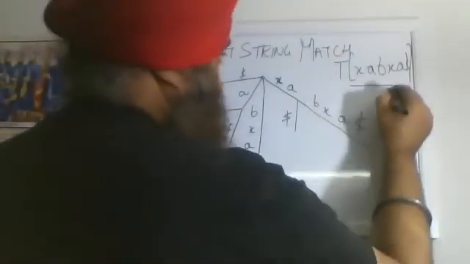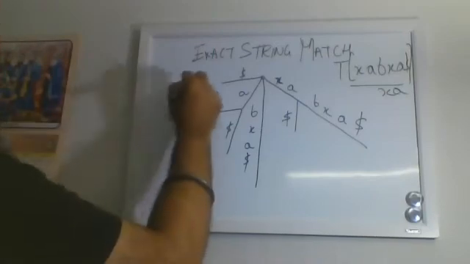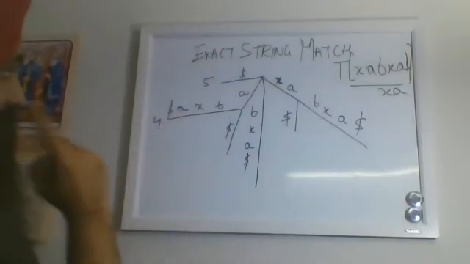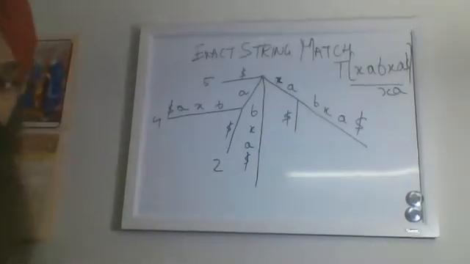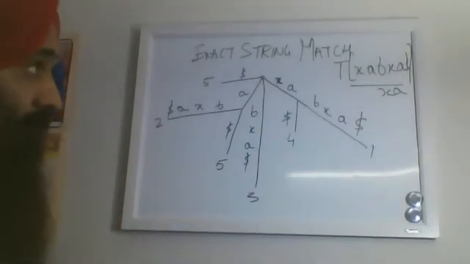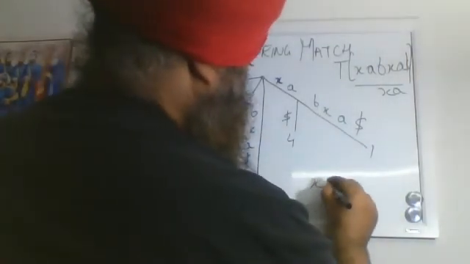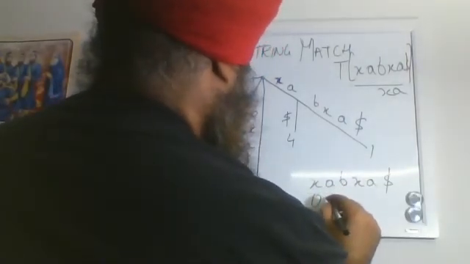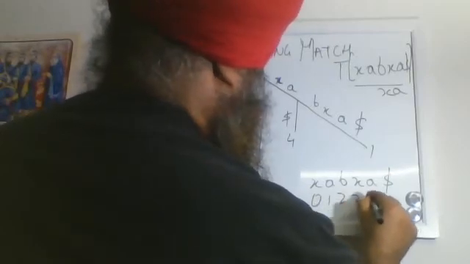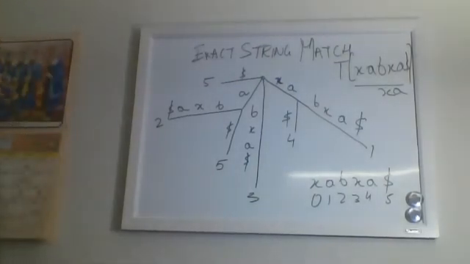We have to find all the occurrences of XA in the string XABXA. So let's create the suffix tree.